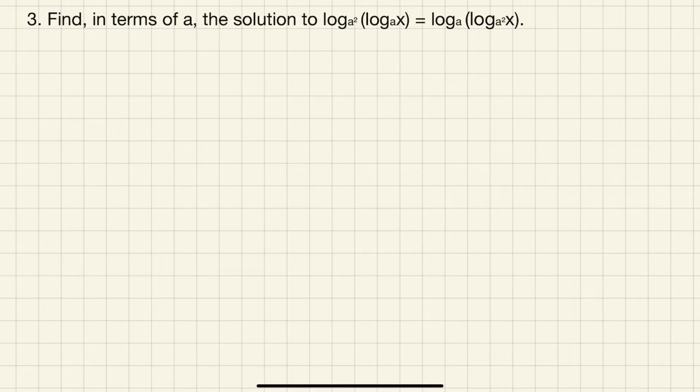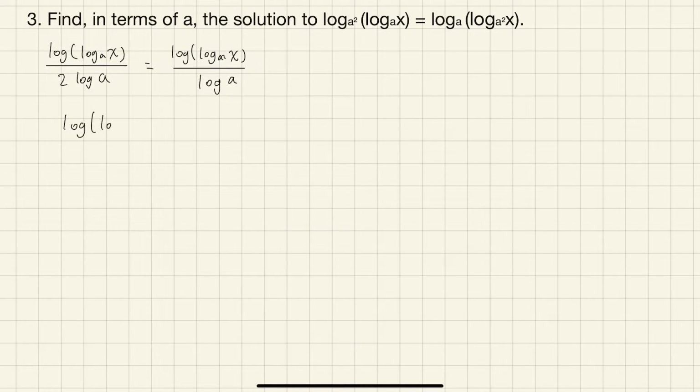Question 3. In terms of a, the solution to log base a squared of (log base a of x) is equal to log base a squared of x. In this question, we'll first use the change of base rule on both sides of the equation to get log base a of x over 2 log a is equal to log base a squared of x over log a.